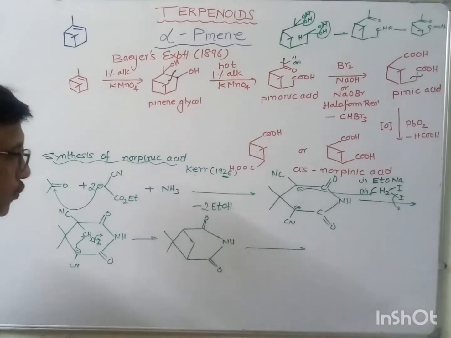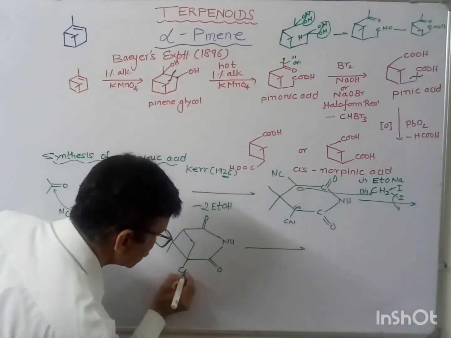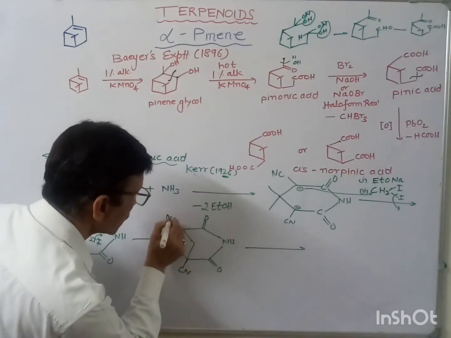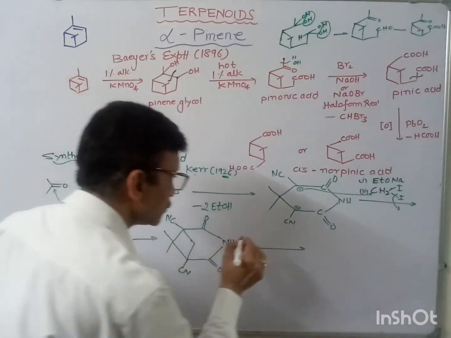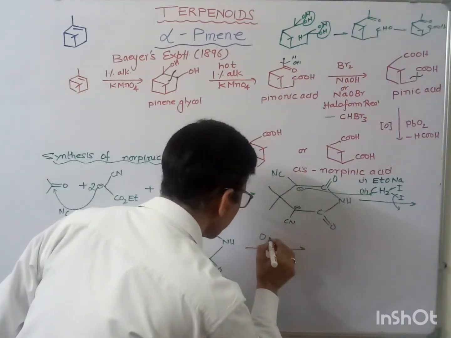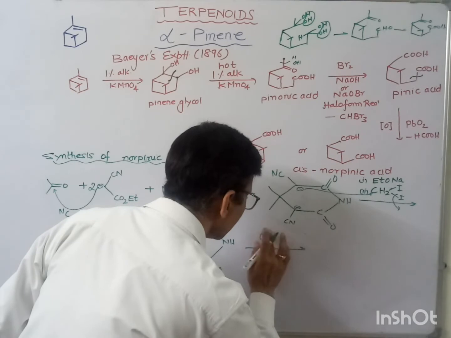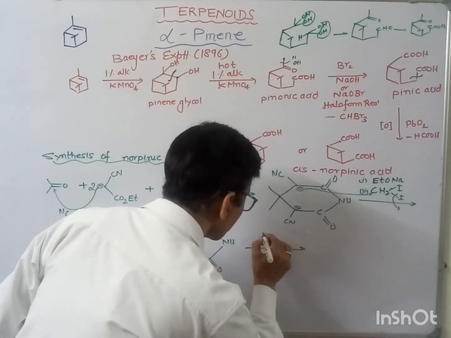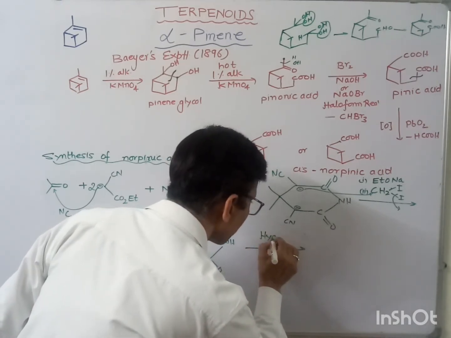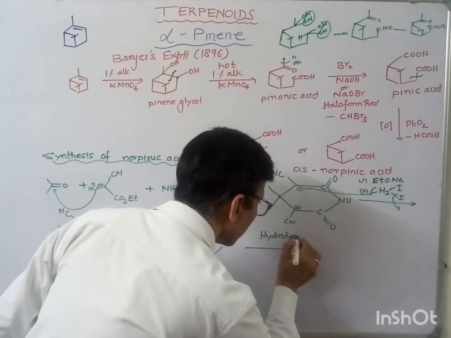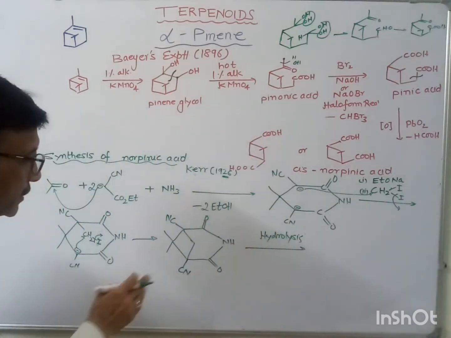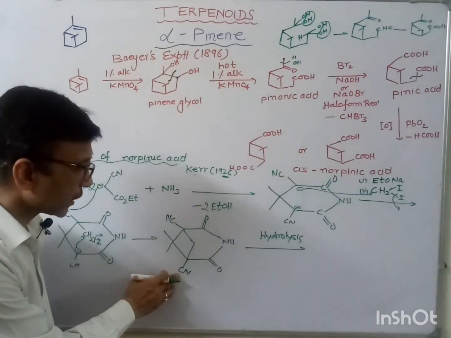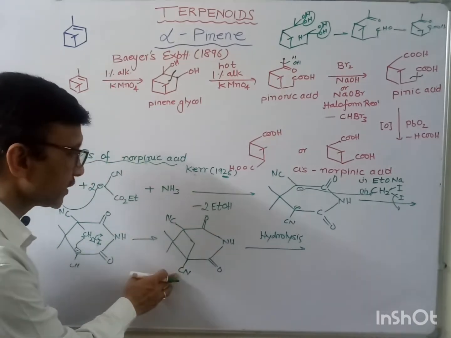So now one of the CN is attached over here, CN. Now if we do the hydrolysis, then what may we get? So hydrolyze it. Hydrolysis, what will happen? This CN will get hydrolyzed to a carboxylic acid group.